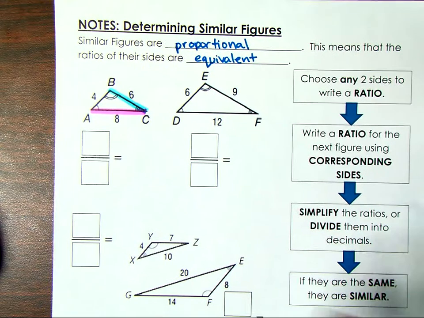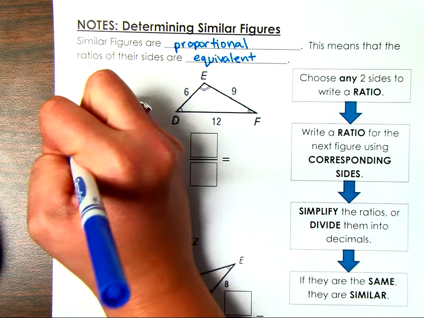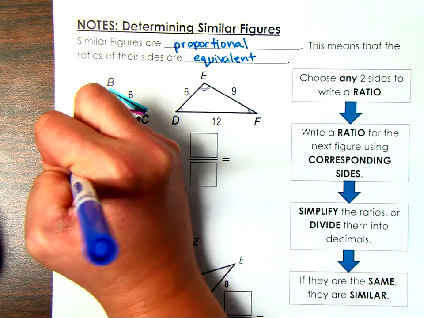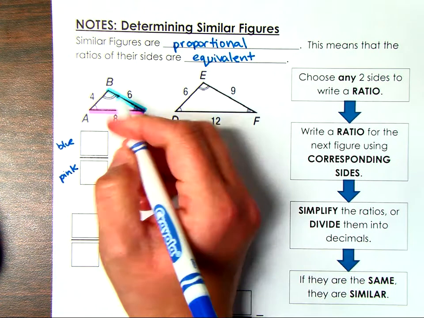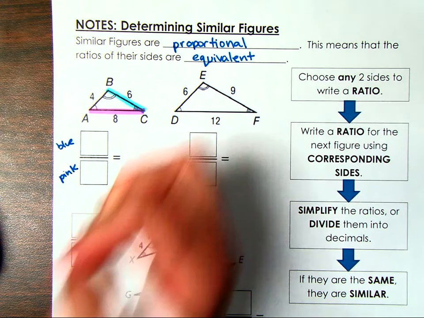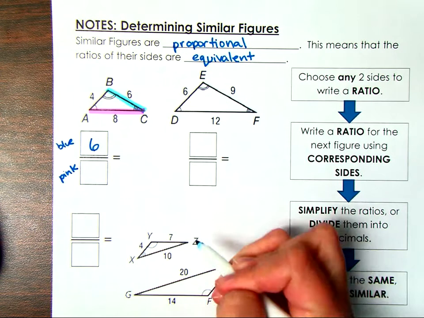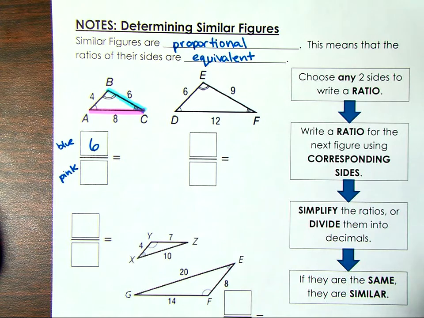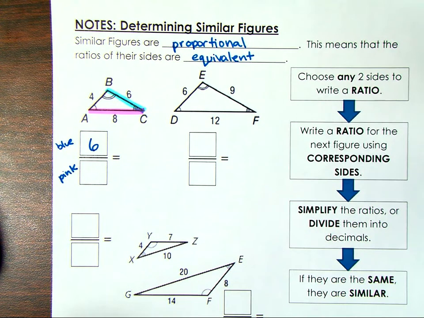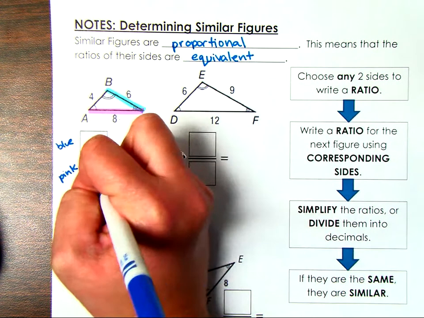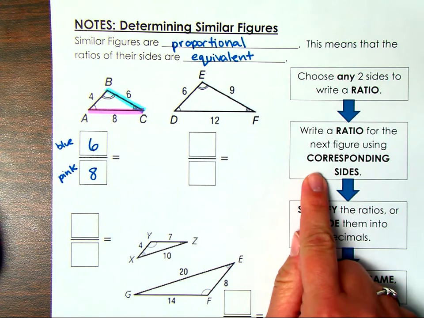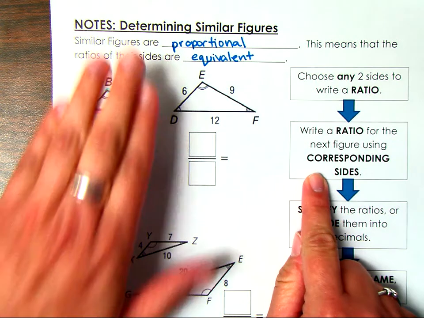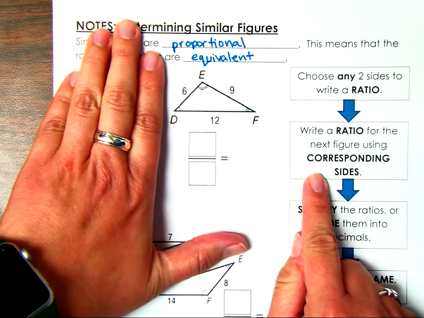So if you want to label, we can say blue to pink, if that helps you out. In this triangle, my blue line represented 6, and that could be inches or centimeters or feet. We don't really know, so we're just going to write the number 6, and that pink is going to be 8.